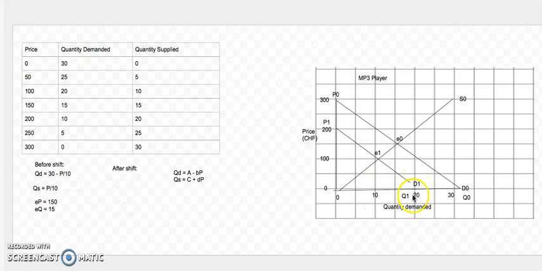For this demand curve, I now want to find the new curve of the quantity demanded. So again, I will use the function of the general quantity demanded curve. I already know the gradient of my curve, which will be, again, negative 1 over 10, as it is parallel to my last demand curve, as you can see on the graph.